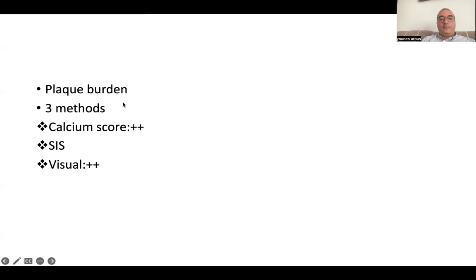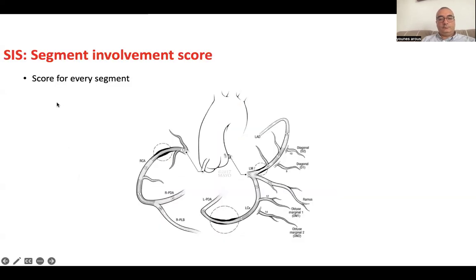And for assessing plaque burden, there are 3 methods: the calcium score, the segmental involvement score, and a visual score. In routine, we use the calcium score and the visual score in our institution because the segmental involvement score is maybe more difficult to use in clinical routine. The segment involvement score is a score for every artery segment.